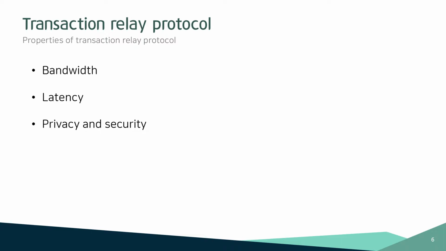The properties of a transaction relay protocol can be expressed in three ways. First, how much bandwidth does it take? Second, what is its latency? And does it satisfy privacy and security?